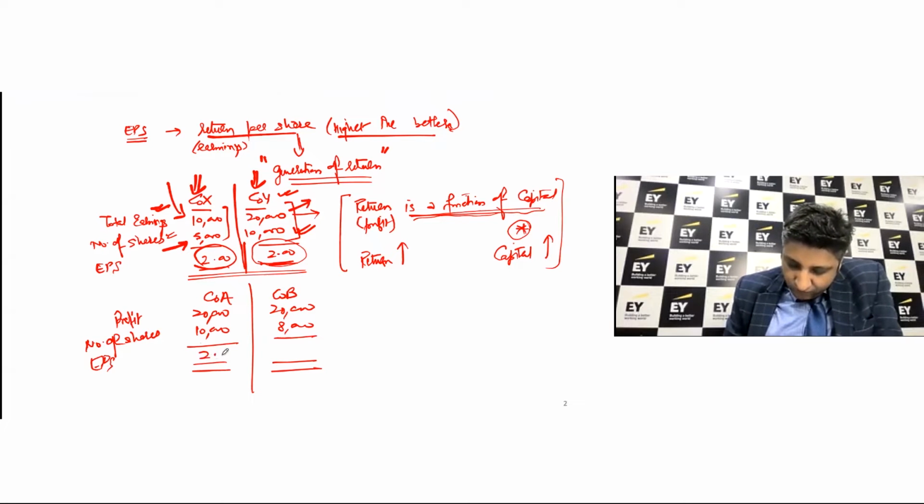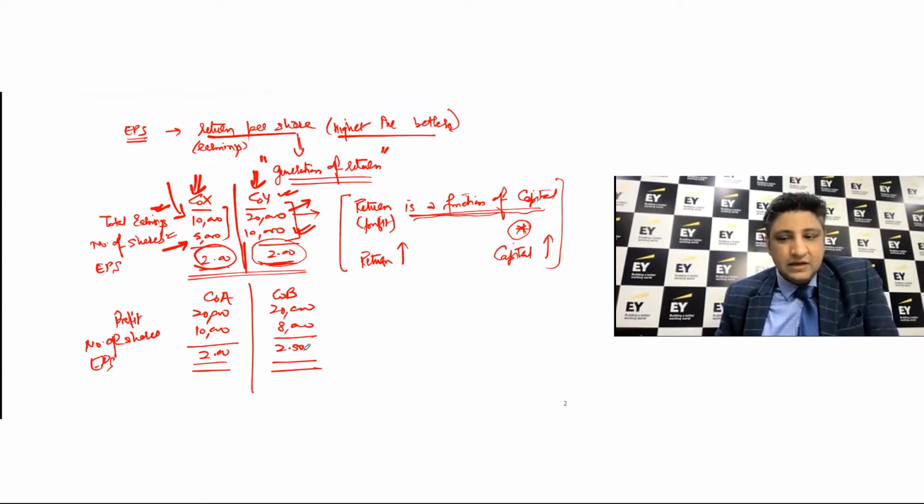This is 2 times, this is 2.5 times. Which of these two companies would you prefer for investment purposes? Purely in the EPS context, we would certainly want to invest in company B because the earnings per share is higher.